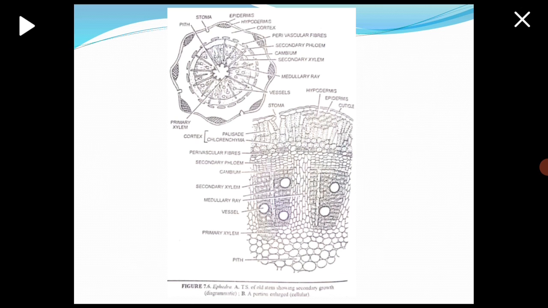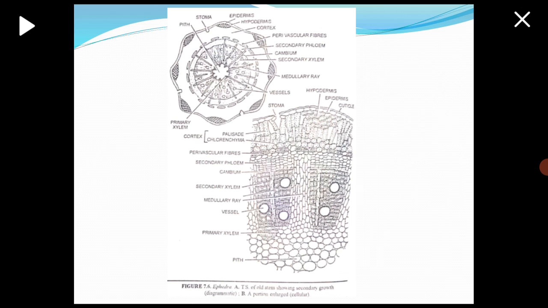The activity of cambium is affected by seasonal variation, and therefore annual rings are formed. Each annual ring consists of thin-walled springwood and thick-walled autumnwood. The secondary xylem consists of tracheids, vessels, and xylem parenchyma.